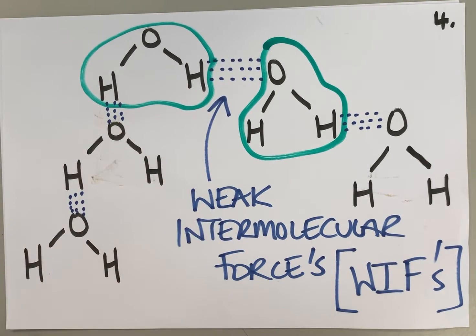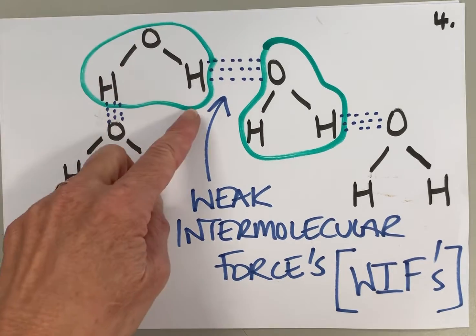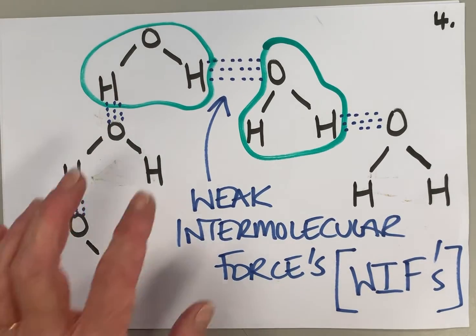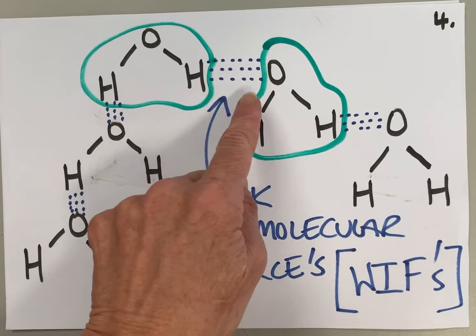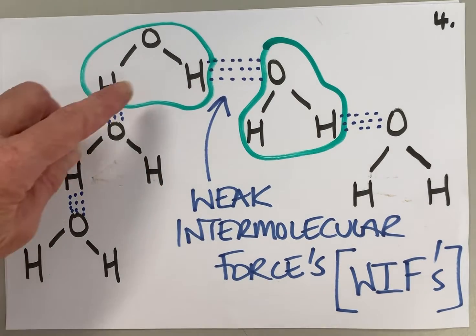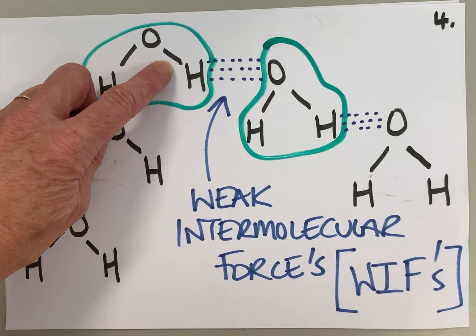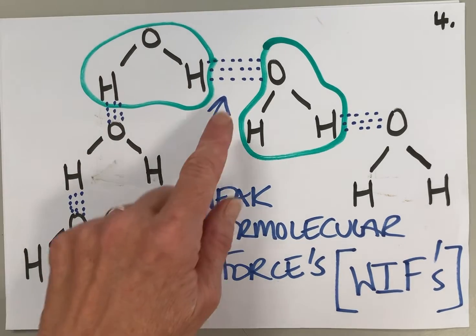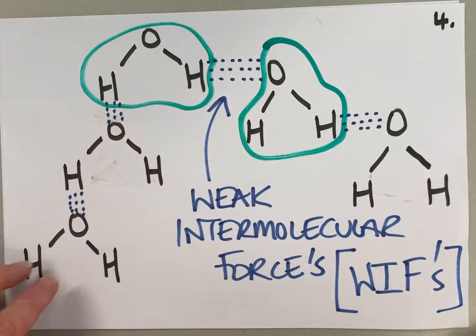Remembering that because of the shape of water, one end is very, very slightly negative and one end is very, very slightly positive, and that causes a force of attraction between the molecules. Now this is different from these thick black lines, which remember are the covalent bonds where the electrons are shared. So we're going to talk a little bit more in detail about these WIFs, or these weak intermolecular forces.